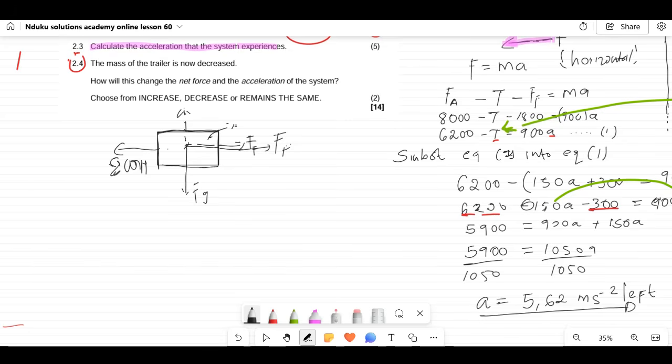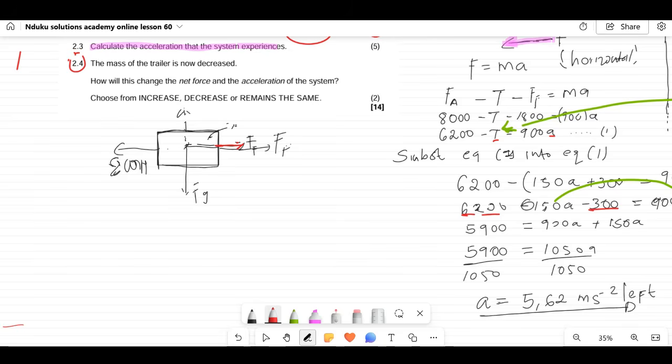Because if the mass decreases, your frictional force will also decrease, because it's relative to how it presses itself against the ground. So you can use that to understand the problem. So the net force will mean that the friction applied on the trailer will not be as big as it was before.